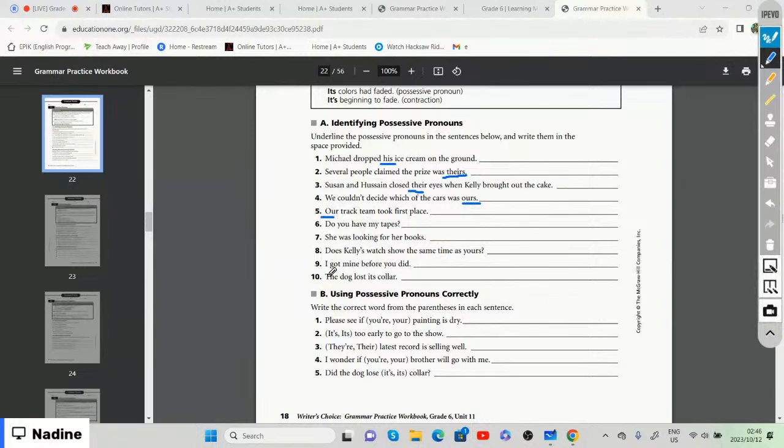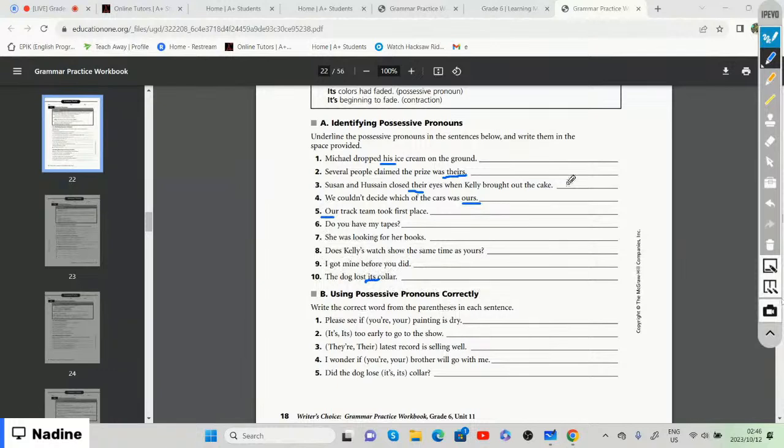All right, let's go to number 10. It says the dog lost its collar, which means that the possessive pronoun is its.